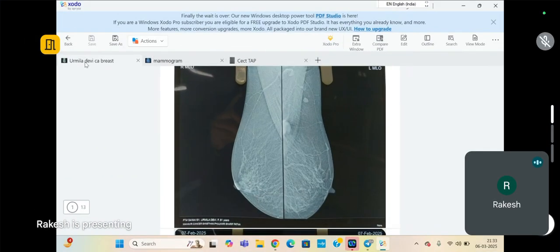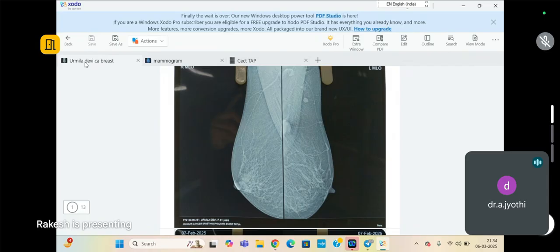It will be at 45 degrees. How do you project craniocaudal? Cranial to caudal: the source will be at the upper end, the radiation will be exposed, and at the lower end the film will be placed below the breast.